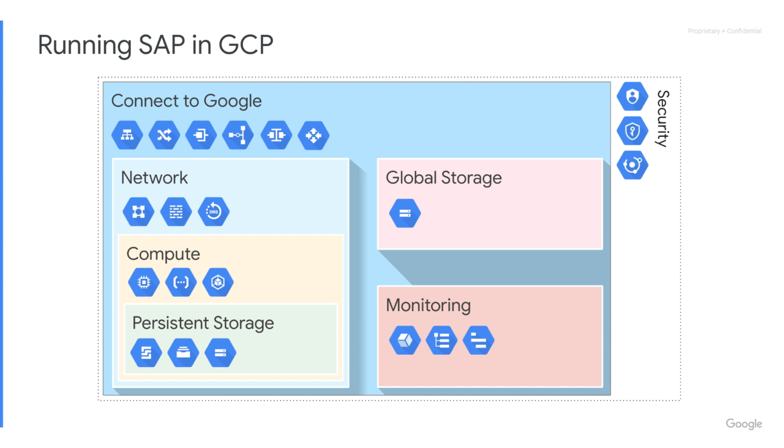For example, we use VPN and Cloud Interconnect for external connectivity; VPC, firewall, and DNS for network services; then GCE and GKE for compute capabilities; and then we have persistent storage for block storage or Google Cloud File Storage for centralized file share; then GCS for backup; then we have Stackdriver for monitoring, and key management services or IAM, identity and access management, for security reasons. So all these components fit together to run an SAP landscape in GCP.